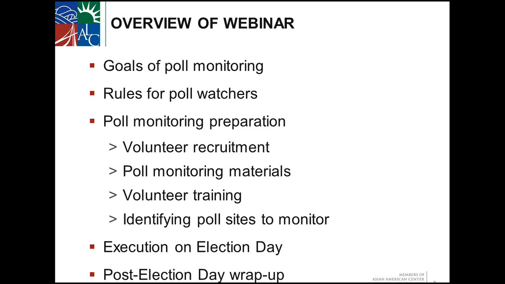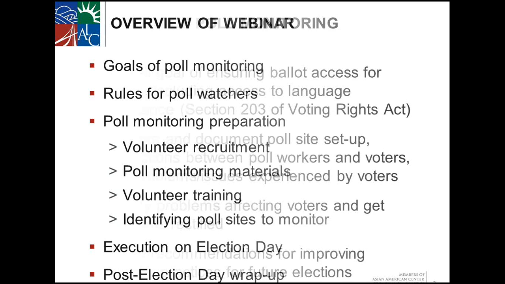And we'll talk a little bit about execution on Election Day, types of things to factor in and consider, and then briefly touch on post-Election Day wrap-up issues that you should be aware of prior to that day coming.